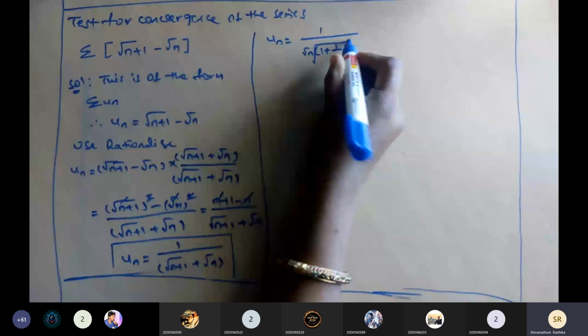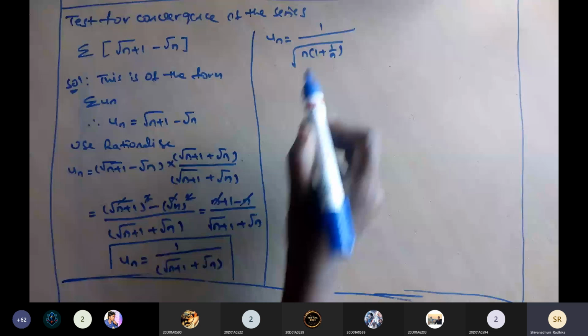Or else, listen. 1 by, just to take n common, root n times root of 1 plus 1 by n. In the square root only I am taking n common, so that is 1 plus 1 by n, plus here also root n is there.